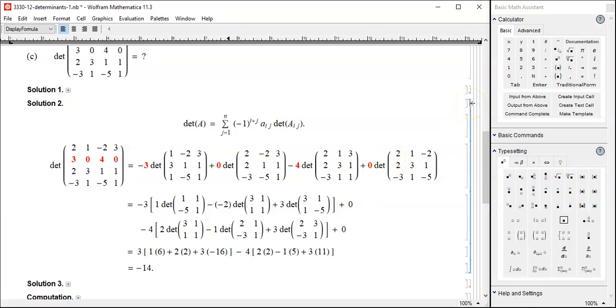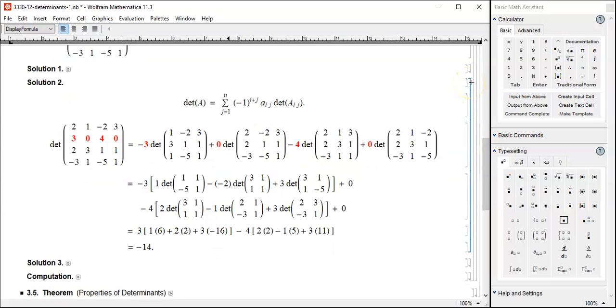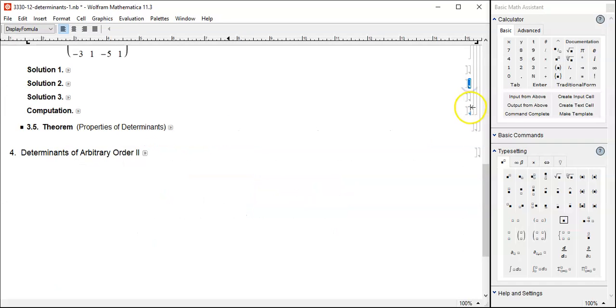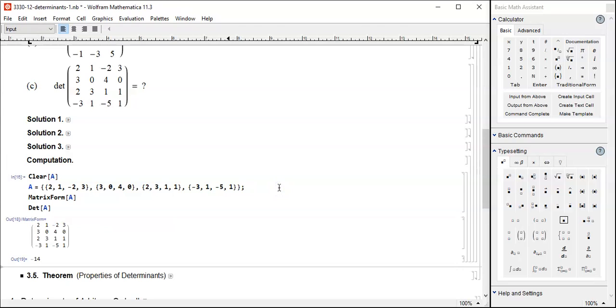Now, you can make some algebraic mistakes here because just look at this, it's complicated. So some computational method is going to be helpful, and you can use a computer algebra system like this. You can express the matrix as double brace for the big list, and then each row with brace. 2, 1, negative 2, 3, 3, 0, 4, 0, those are all rows with all those braces, and then 4.